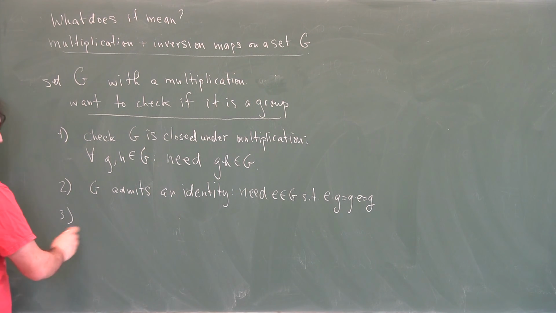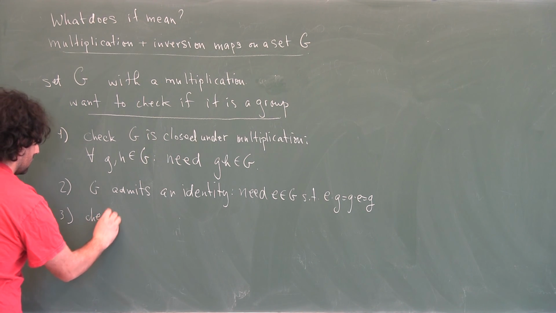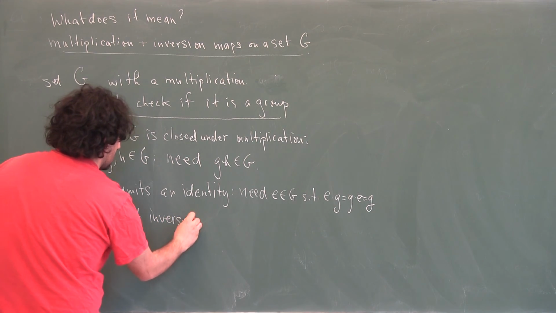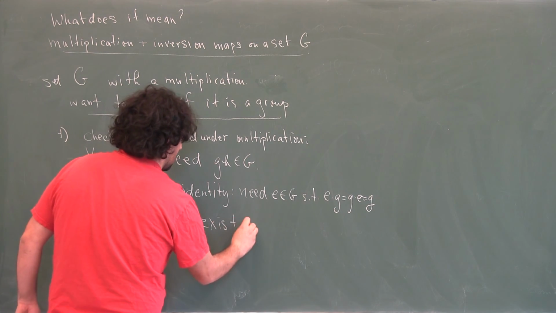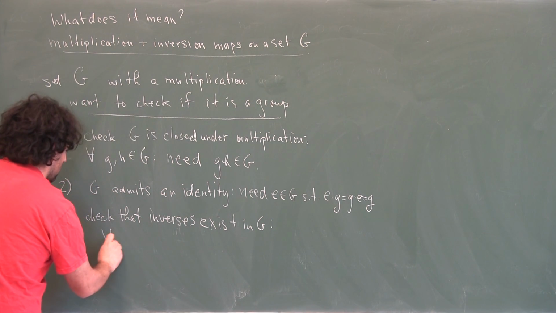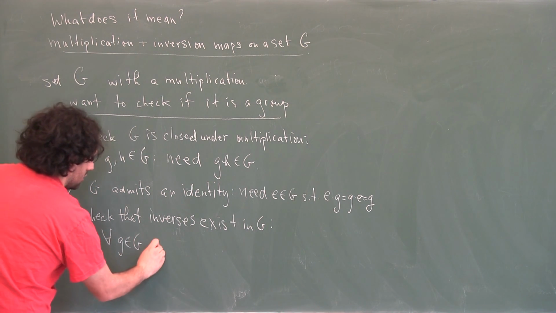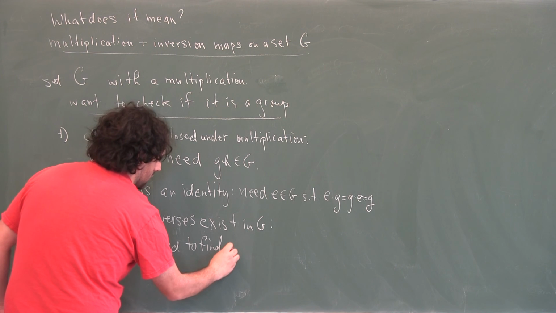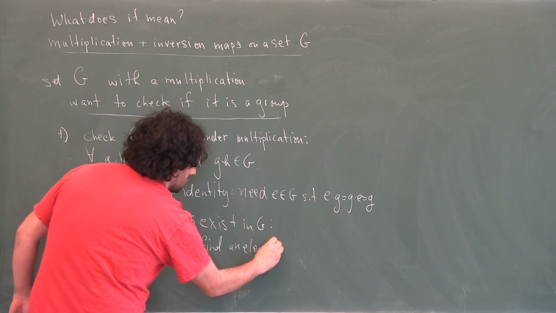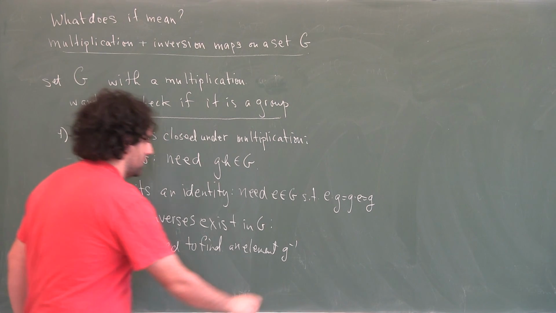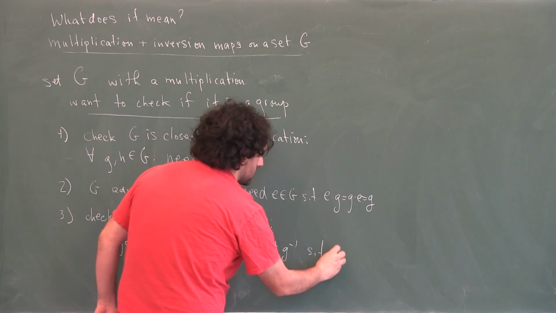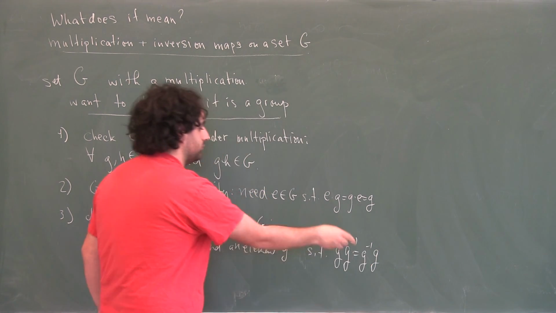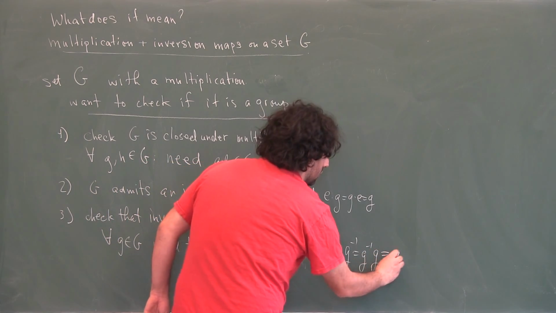And finally, we need to check that inverses exist in G. So for all G in G, we need to find an element G inverse which should satisfy that no matter which order we multiply them, we get the identity.